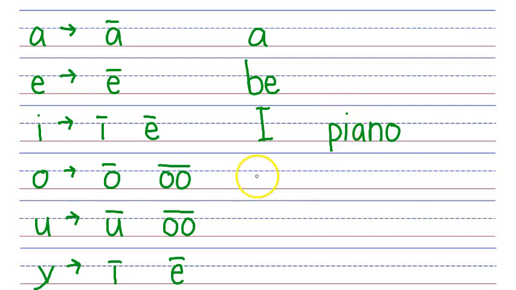Now for O, you can have a one-syllable open syllable word like no, where the O makes a long O sound, O, or a one-syllable open syllable word like two, where the O makes the long double O sound, oo. And with U, you can have a word like human, where in the first syllable of human, the U makes a long U sound, U, human.